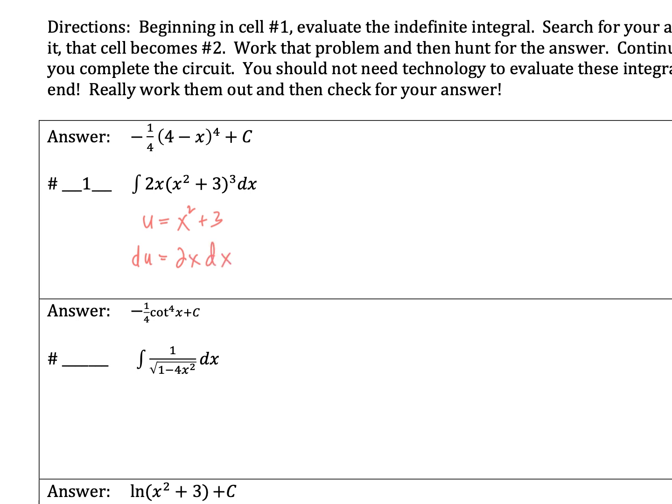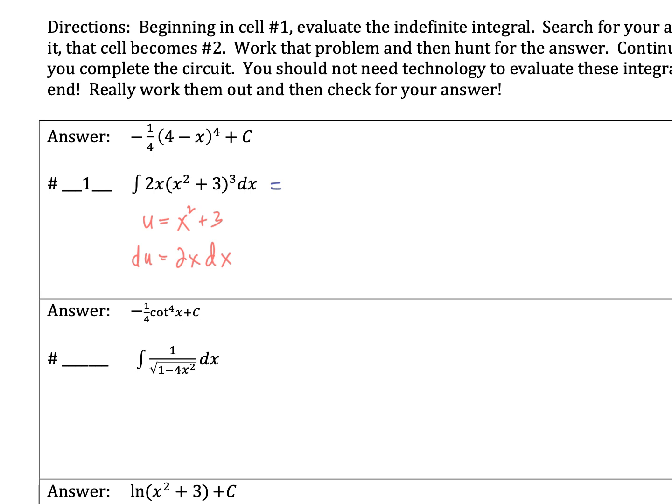Alright, and especially at the beginning when you're doing these, really try to see how you're just substituting. So now we'll rewrite this in terms of u. It's going to be the same integral, it's going to have the same answer, or same antiderivative, but it'll just be in terms of u.